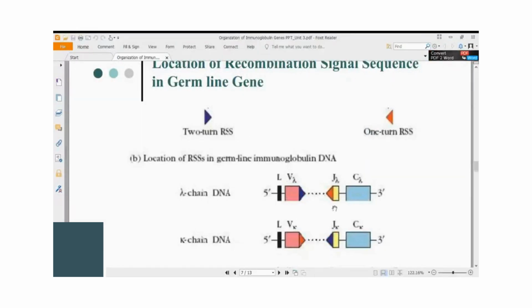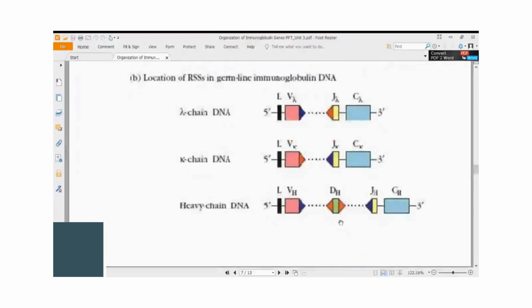Here in this case of the heavy chain, just see the variable region of the heavy chain at the 3' end has two turn sequence, whereas the diversity region on both the sides, that is 5' end as well as 3' end, has one turn sequence.